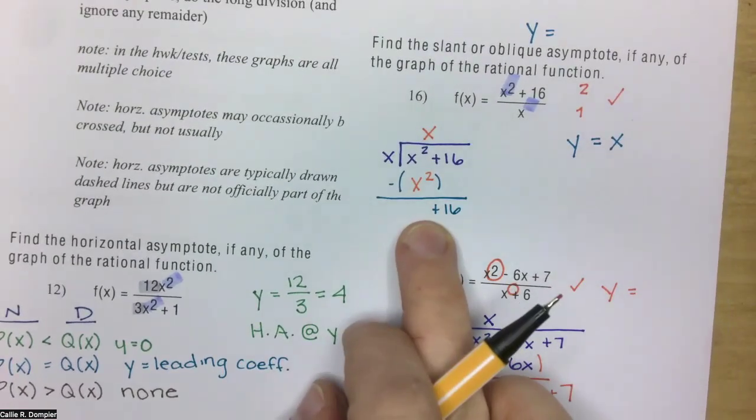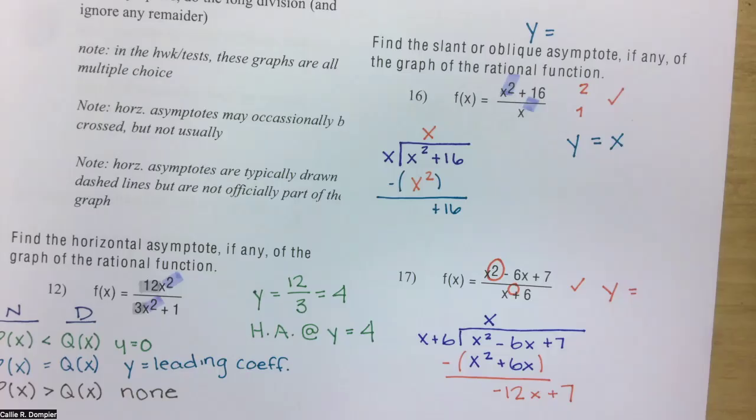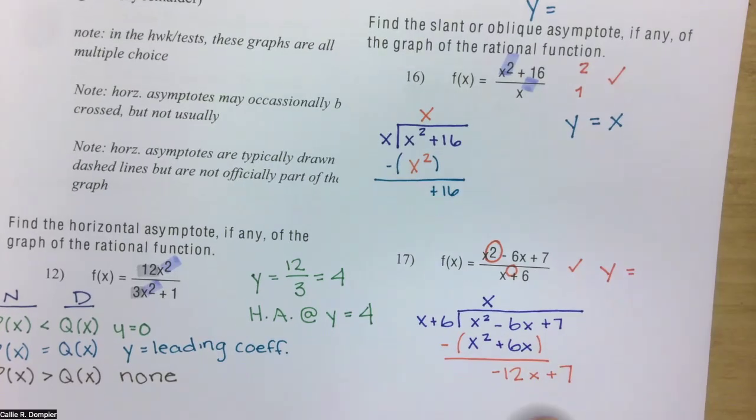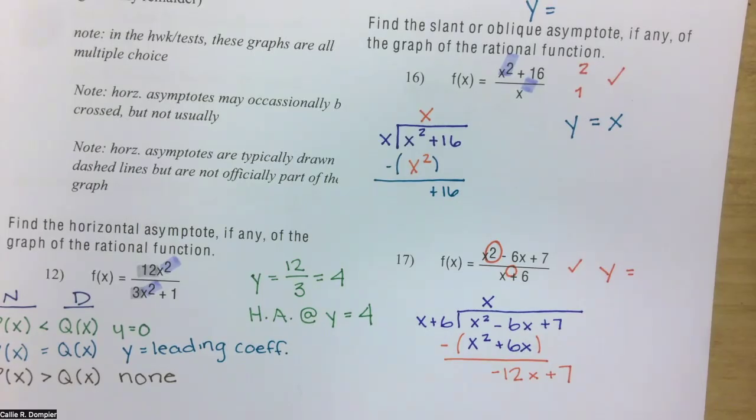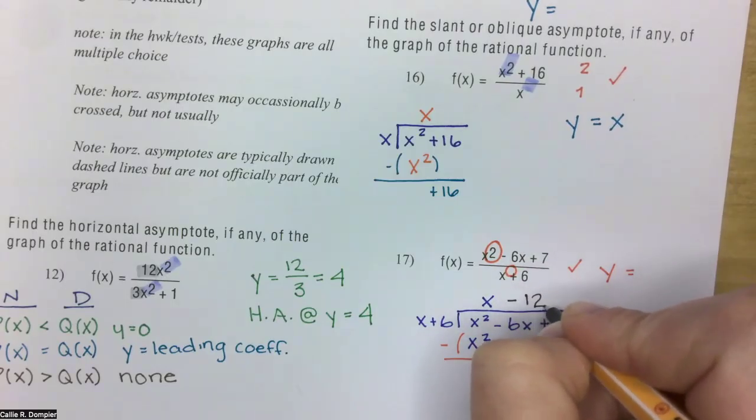Here I had to stop because there was no way to divide 16 into x, right? But here, I can divide negative 12x into x plus 7 into x plus 6. I can do that. And that would be multiply everything by negative 12, okay?